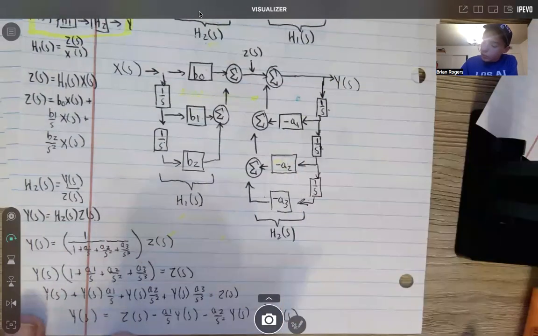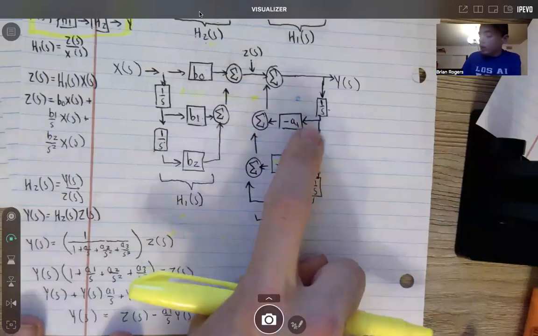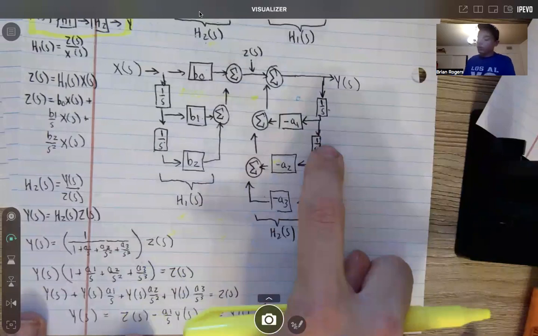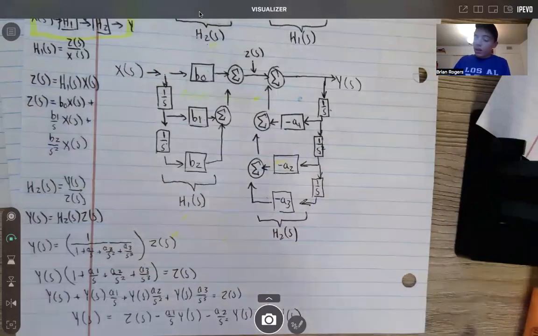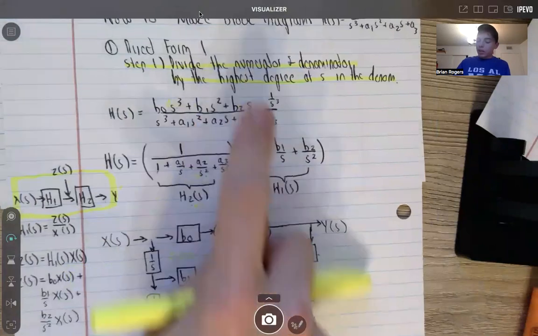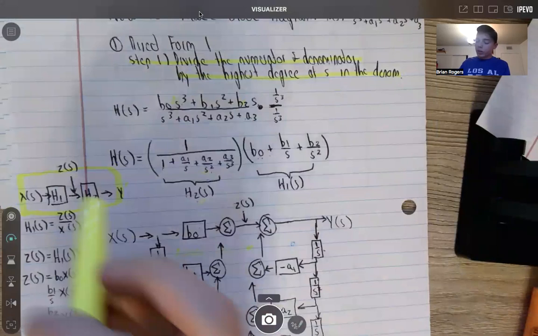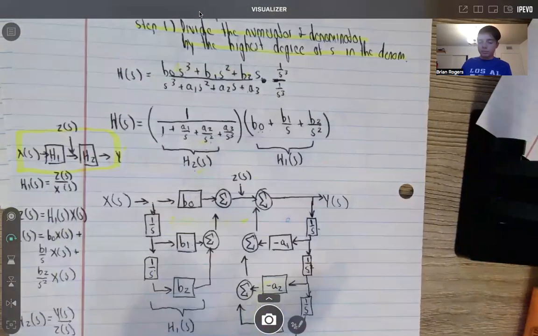Then our negative Y of s over s multiplied by A1, and then our negative A2 Y of s over s squared, negative A3 s all over s cubed times Y of s. So the biggest thing is know this step and know to make this diagram. Once you make this diagram, just do output over input and solve for both. And that's how you can make your block diagram.